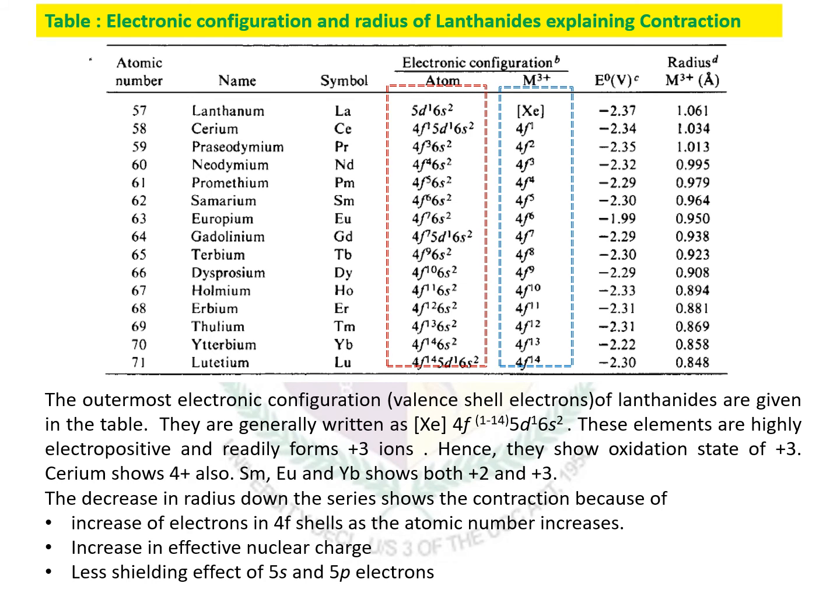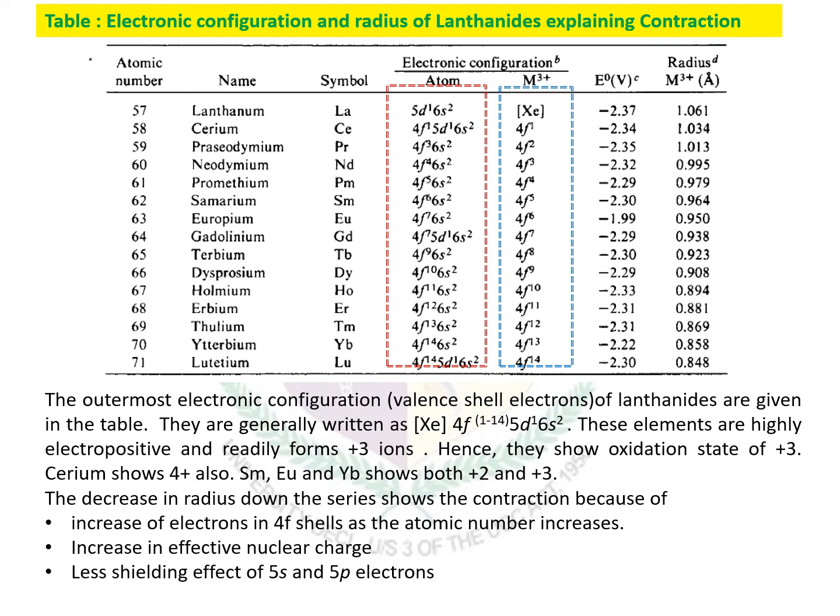Here we see the summary of lanthanide contraction by seeing the ionic radius of the lanthanide series. Lanthanum has an outermost electronic configuration of 5d1 6s2, and the ionic electronic configuration is just xenon.